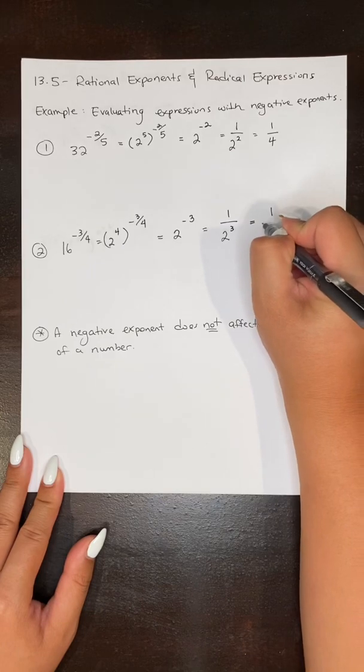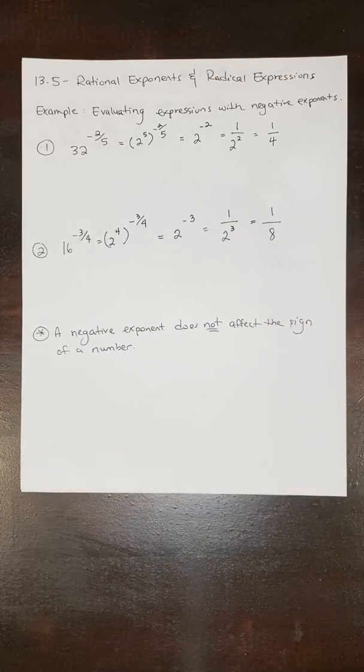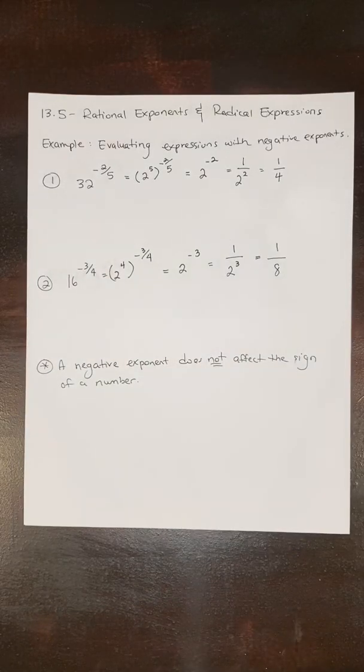Ultimately simplified as 1/8. A good rule to note is that a negative exponent does not affect the sign of the number.